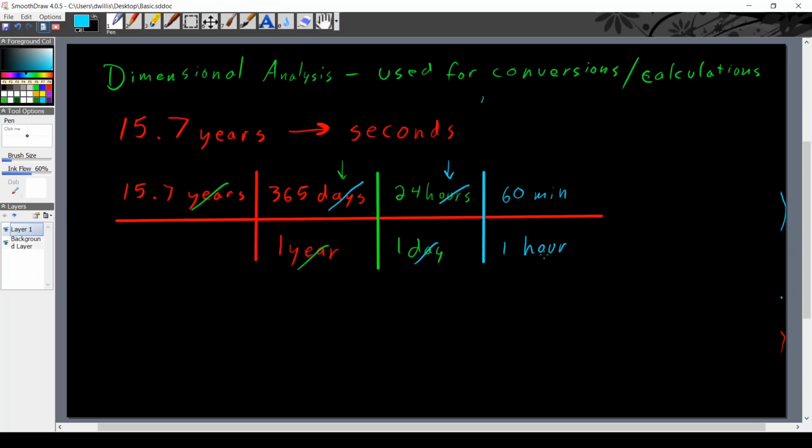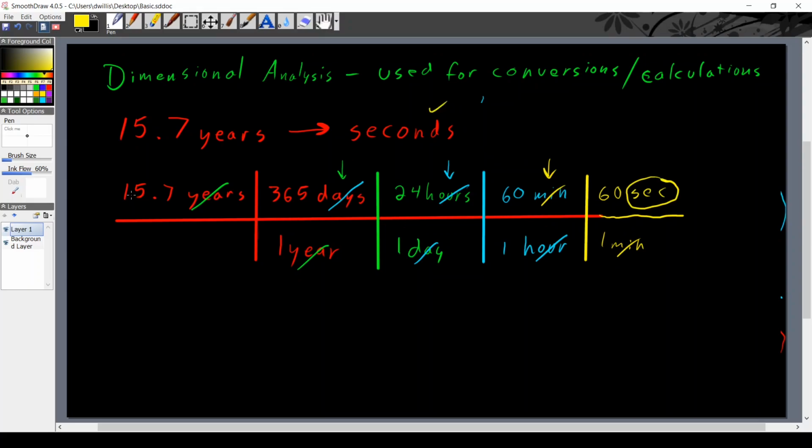And so my hours will go away, and then I'll be down to minutes. And let's just keep switching colors because that's always entertaining. And now I'm down to minutes, so I need to put 1 minute. And I'm going to get rid of my minutes. Oh, what's that equivalent to? That's right, 60 seconds. Ooh, and so now I have finally made it to my goal.